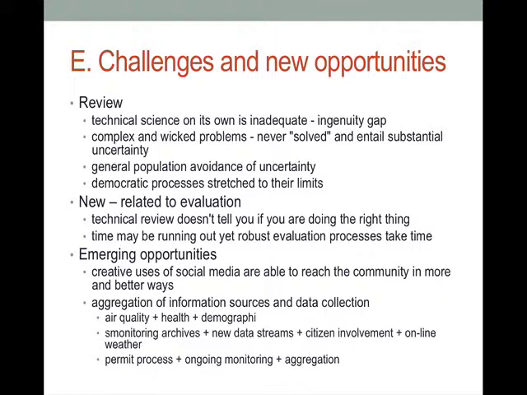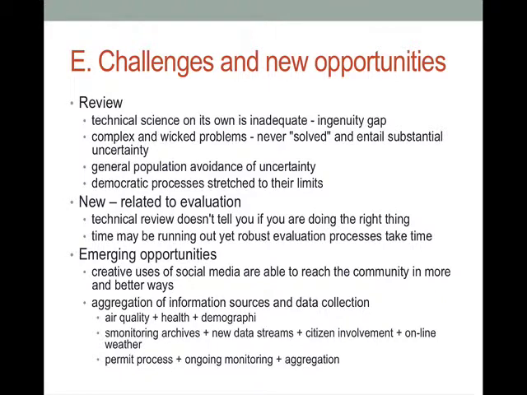There's an ingenuity gap that relates to all of these types of problems and how we apply the science. These complex and wicked problems are never solved, and they entail substantial uncertainty, and we have to continue addressing these problems. So they're never quite gone away. That's why you need a continually adapting program for evaluation.